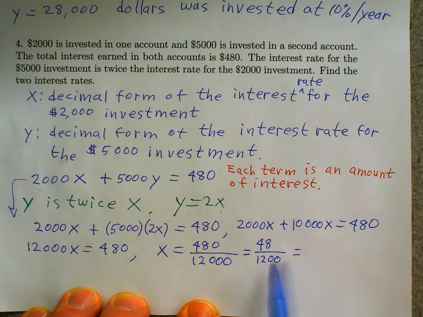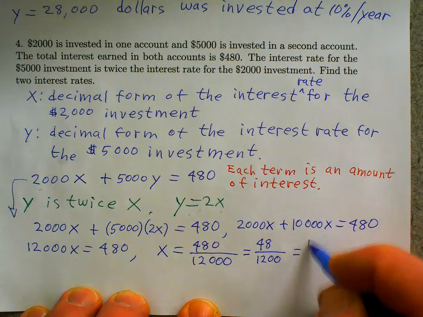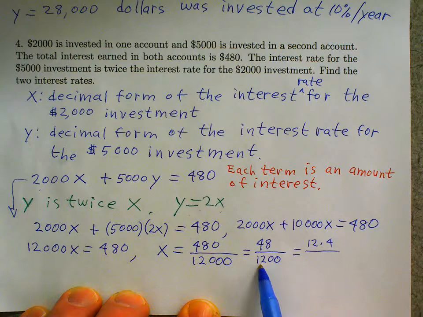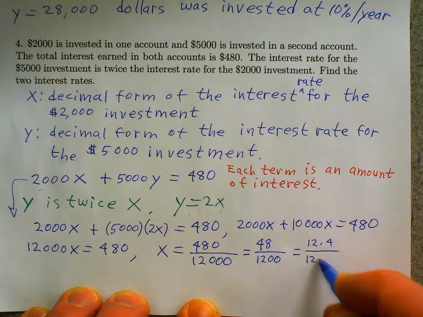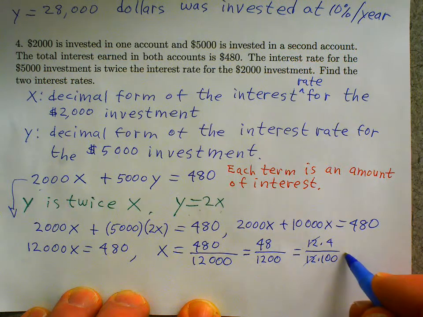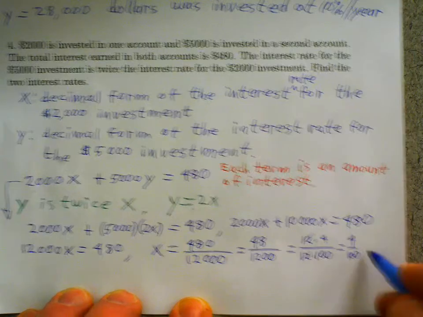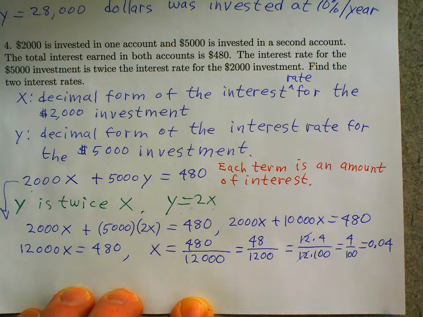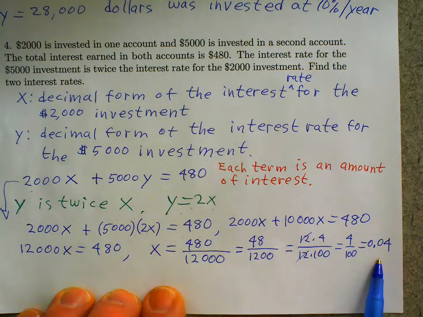So I'm canceling common factors. Think of 48 as 12 times 4, and think of 1,200 as 12 times 100. And 12 divided by 12 is 1. And then 4 divided by 100 is equal to 0.04. So this is the number we want. X is equal to 0.04.